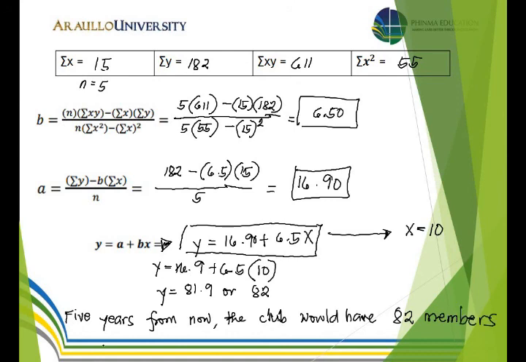Okay, there we go. We have answered it, we have predicted. After 5 years, or 10 years in total, the mathematics club will have 82 members. So we predicted it using regression analysis. As simple as that.